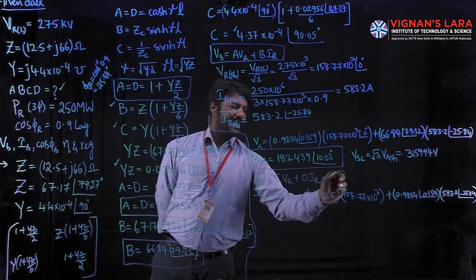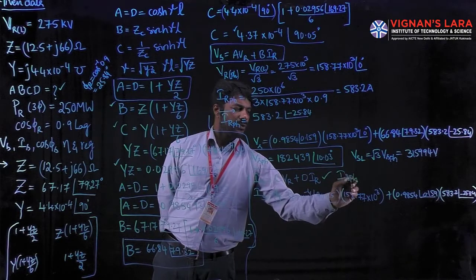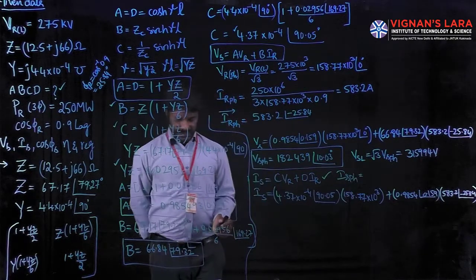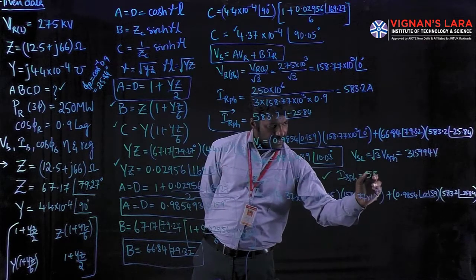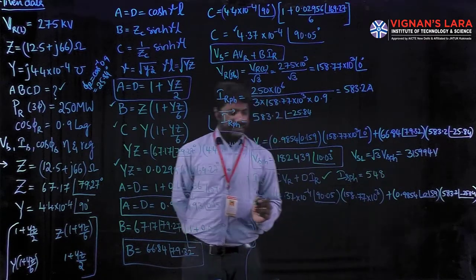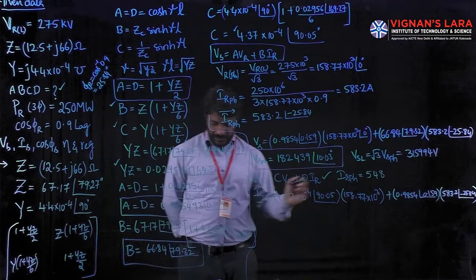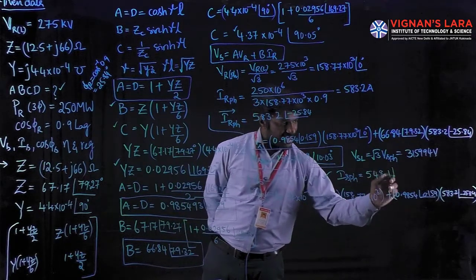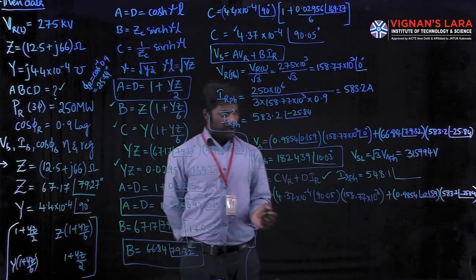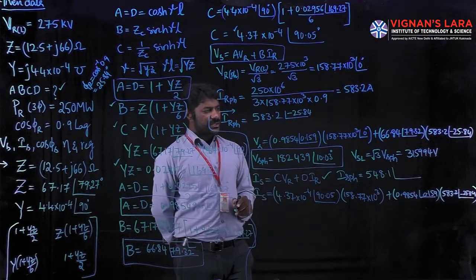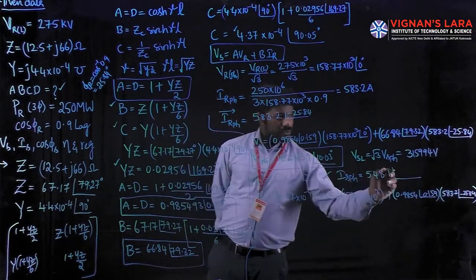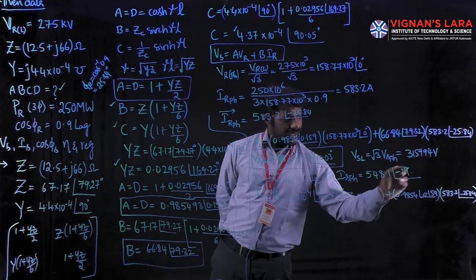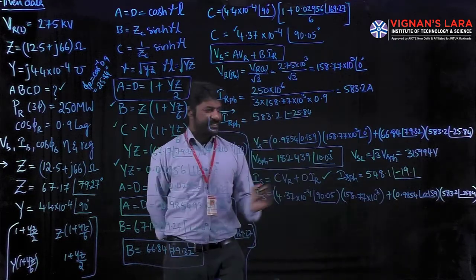Then the current IS per phase value, what you will get is the sending end side current. We have to observe that this much amount of current will pass on the sending end side, 548.1 amperes. It's a lagging current because the load is lagging load, and the transmission line is also a lagging parameters line, which is equal to having an angle of minus 19.1 degrees.